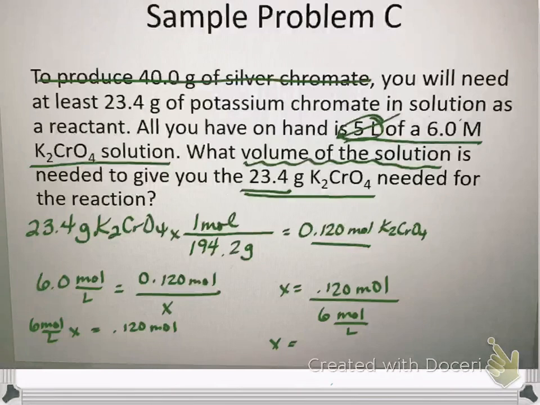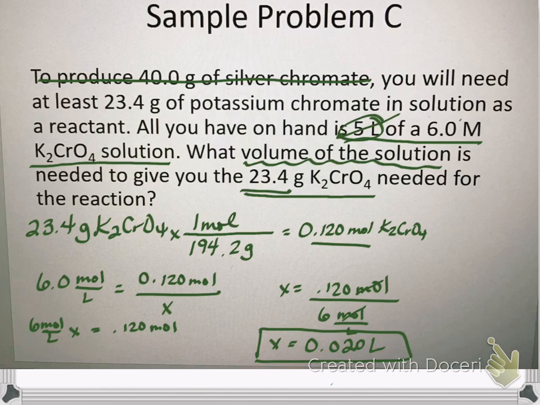Okay, so 0.12 divided by 6 gives me 0.02. And look at these units. Moles divided by moles per liter means I have 1 over liter, but since we're dividing by 1 over liters, you just have liters left. And sig fig, 6.0 is 2 sig figs, so this should be 0.020 liters.